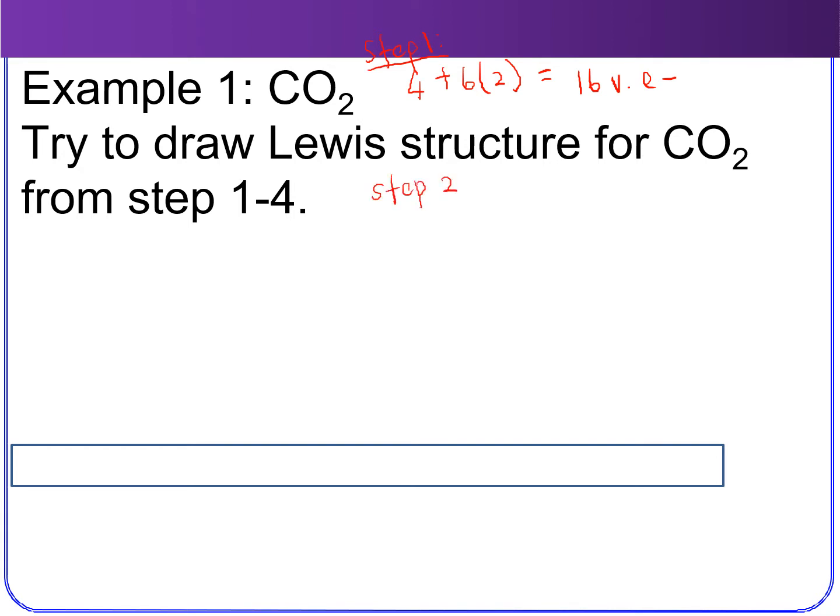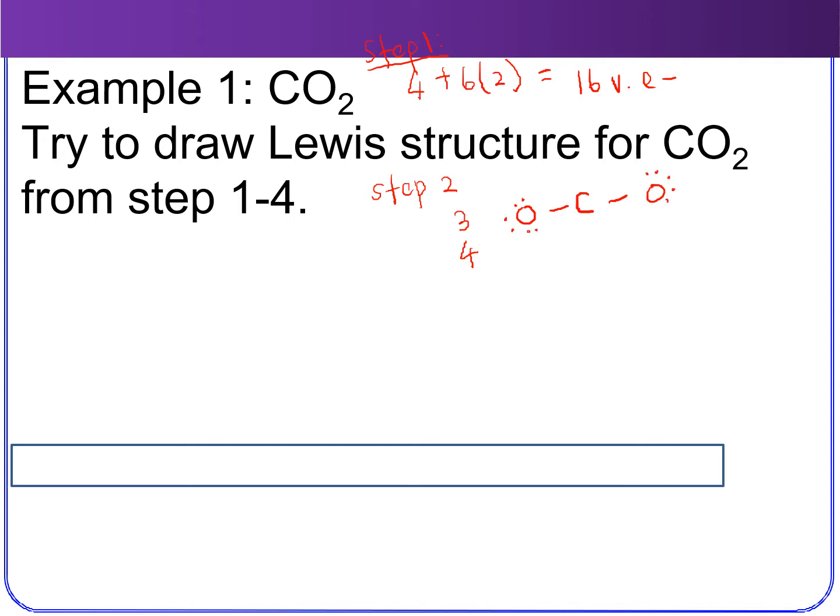Step 2, we determine the central atom. In this case, carbon is the central atom. Then we draw the skeletal structure for carbon dioxide. Step 4, we distribute electrons to each terminal atom until octet.